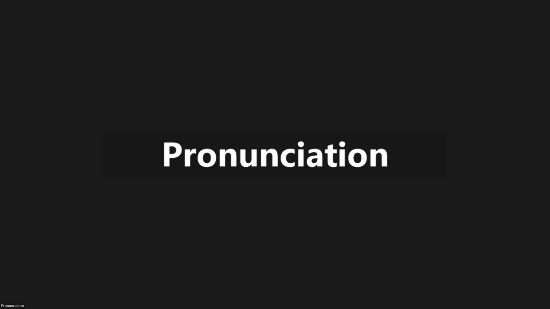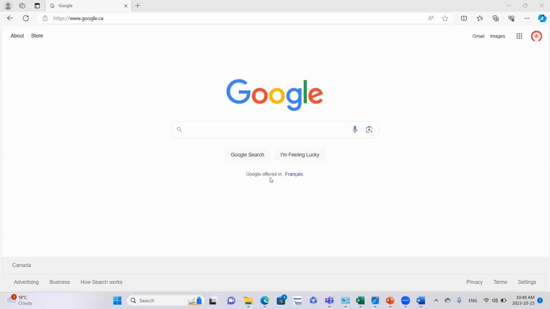Now I will share my screen with you and I will teach you how you can learn the pronunciation by yourself, or you can watch my lessons to learn the pronunciation. Okay, here we go.